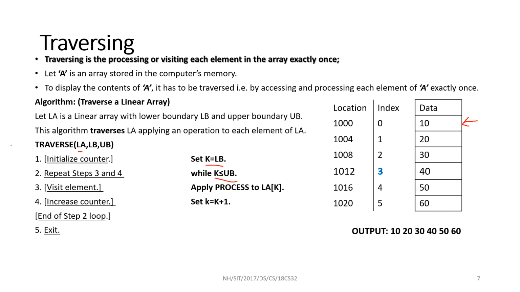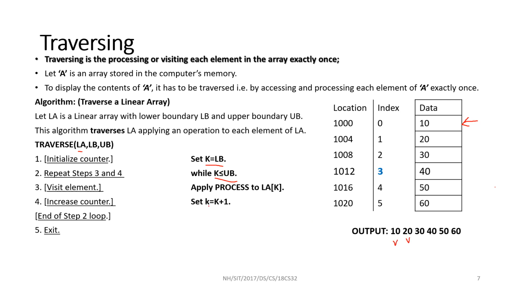Next, k is incremented by 1 and points to the next element, which is 20. After applying the process, 20 is displayed.